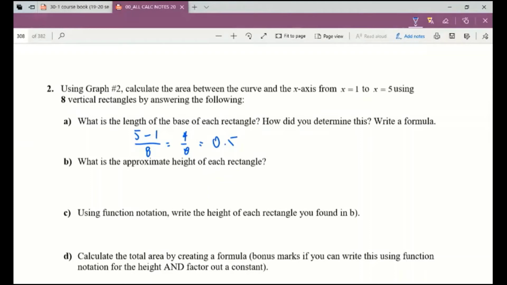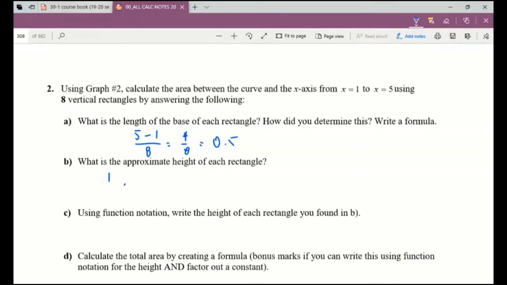What's the approximate height of each of these rectangles? Again, perhaps yours are slightly different numbers, but in general, it's going to be about these numbers: 3.5, 5, 6.5, 8.5, 10.5.